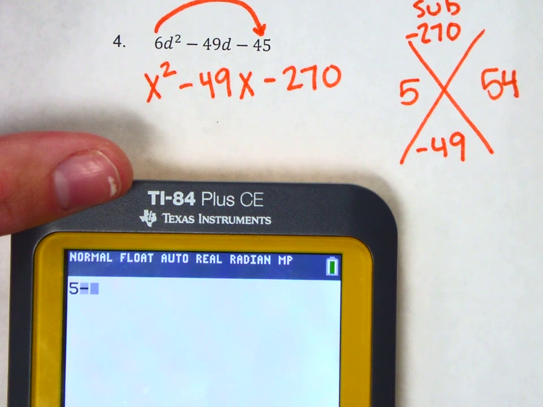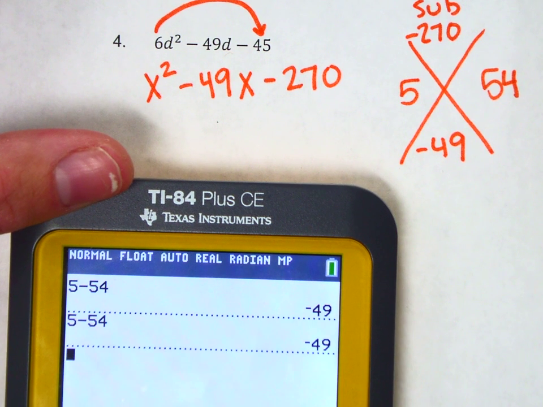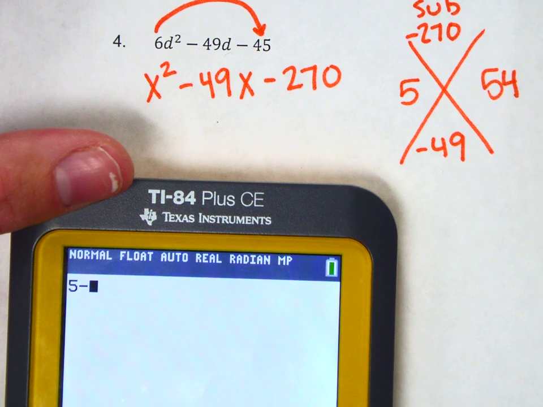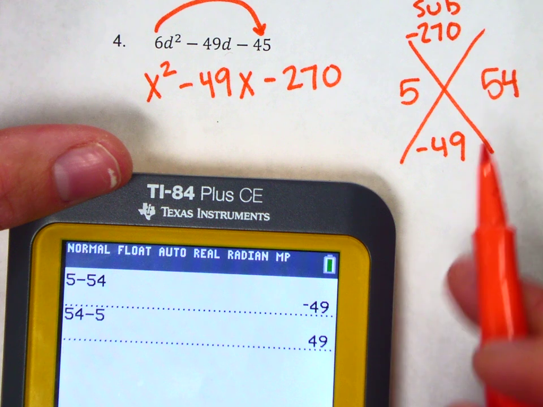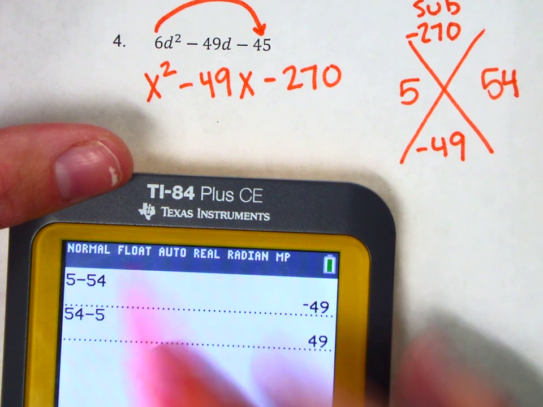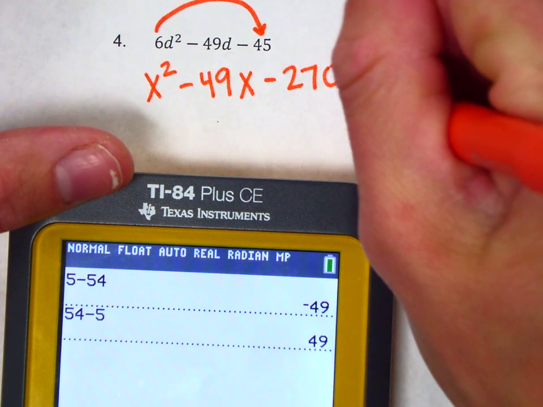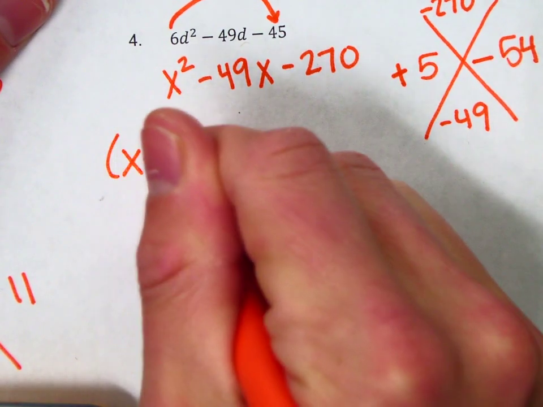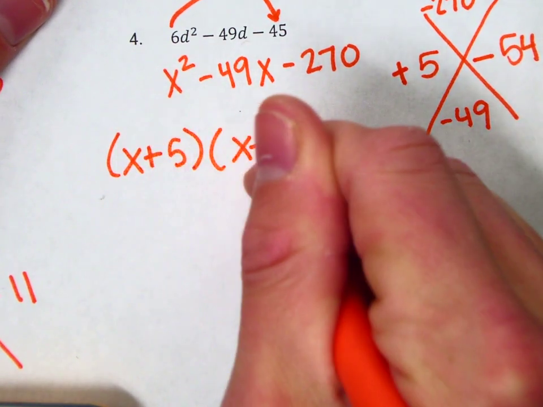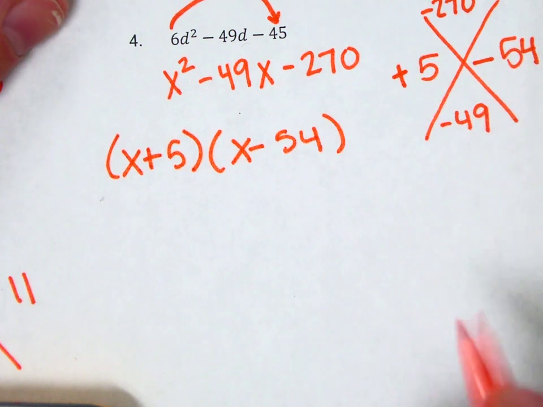So 5 minus 54, or 54 minus 5. If I want to make a negative 49, that means that I need the 54 to be negative, the 5 to be positive. So I'm going to put this in here, x plus 5, x minus 54.